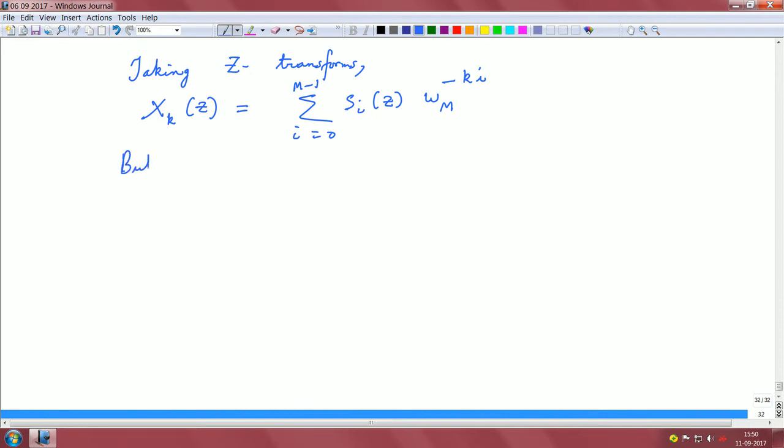But the sequences Si's are basically delay sequences, right, and we can link them to the Z transform of x via a delay element as follows.